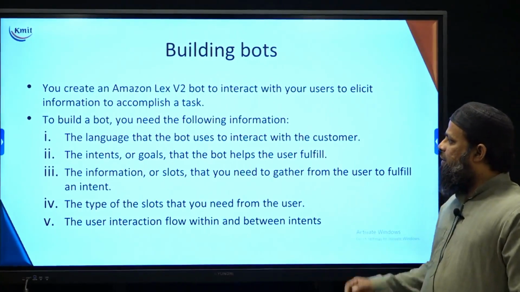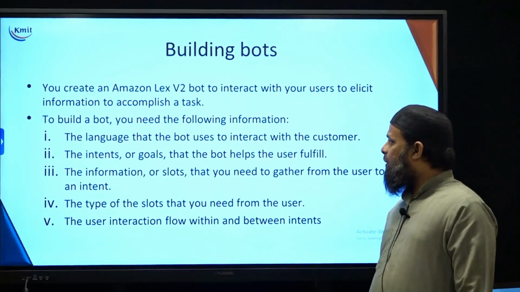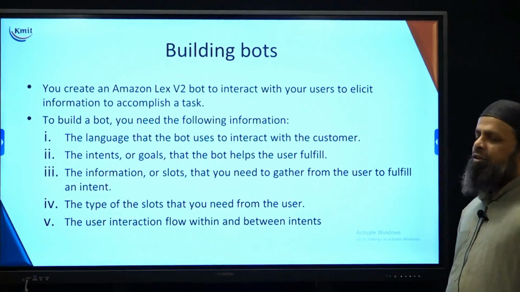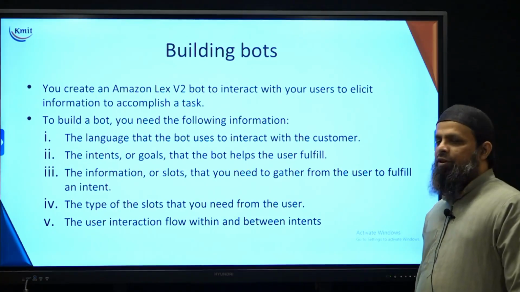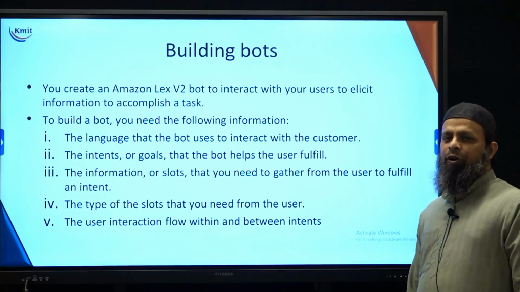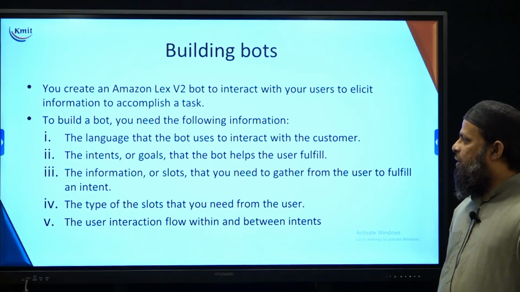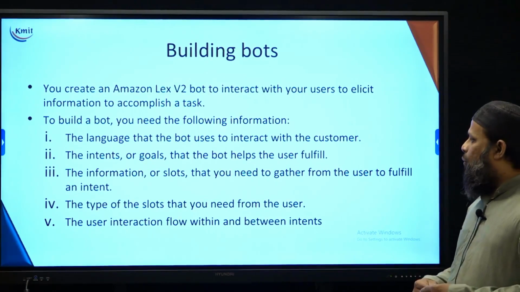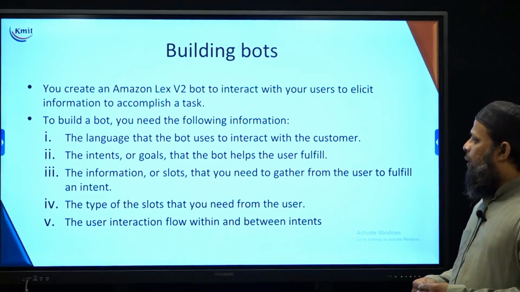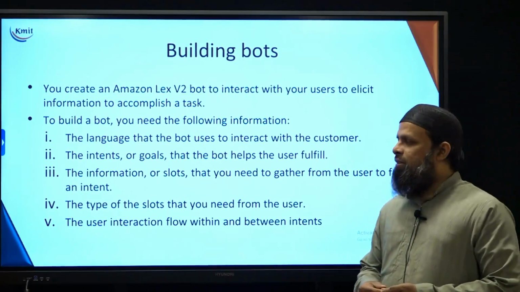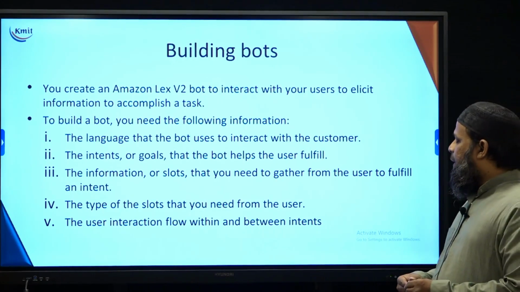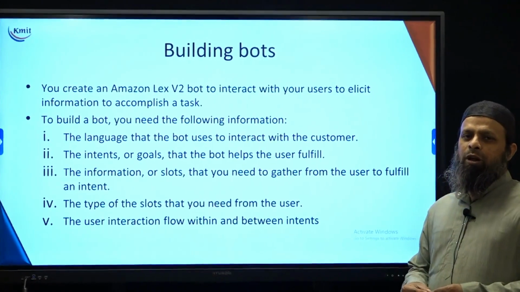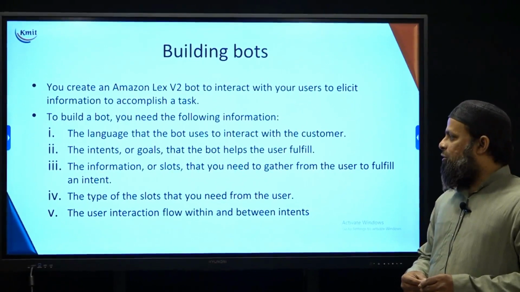So, these are the things required to build a bot. First, we need to give the name of the bot, followed by the language in which we are going to interact with the bot; that language selection will be done. Then what the user wants to fulfill will be given as intents, and once in intents, whatever information needs to be gathered by the bot, for that we give something called slots.